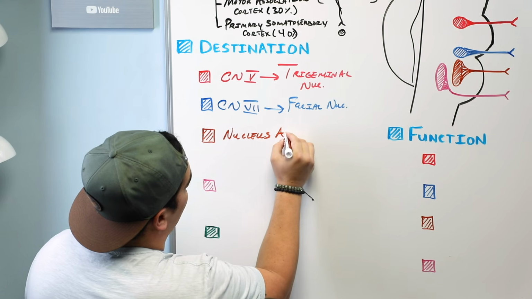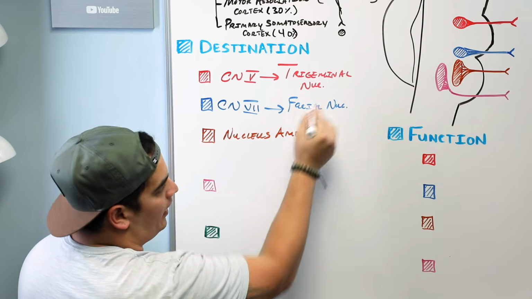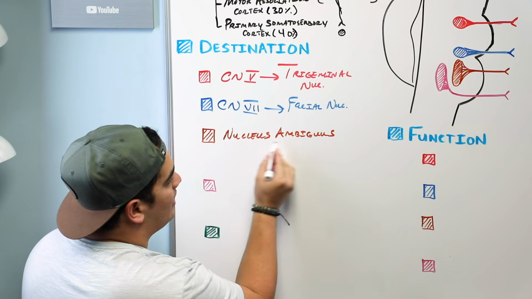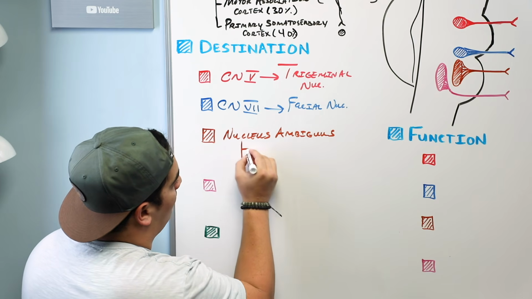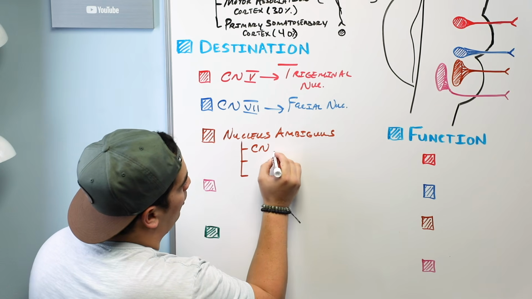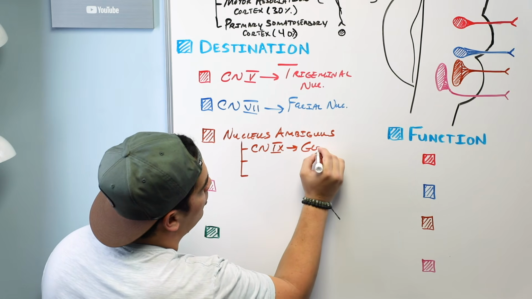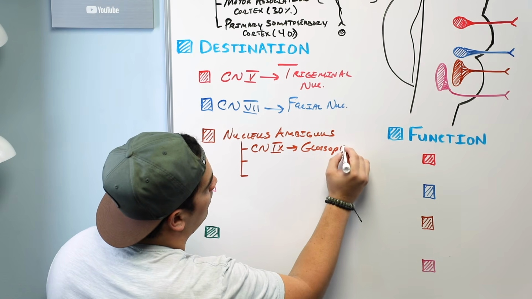Now you're probably like, well, Zach, I thought we were getting into a trend here where we were hitting specific nerves. Well, the nucleus ambiguus is actually the nucleus of 3 particular cranial nerves. One is cranial nerve 9, and cranial nerve 9 is your glossopharyngeal nerve, right?